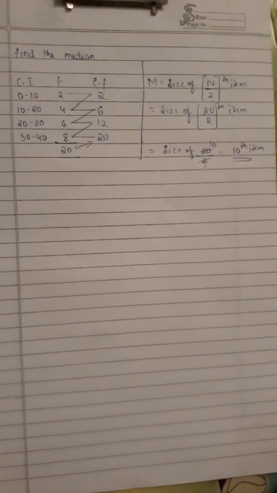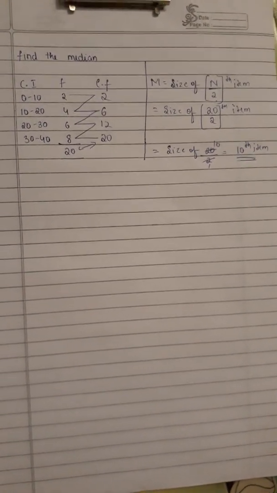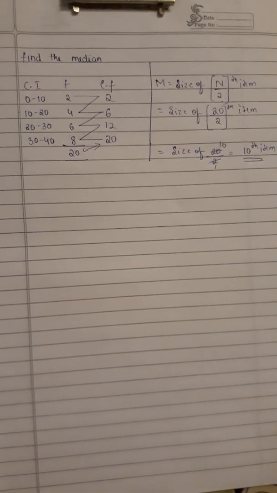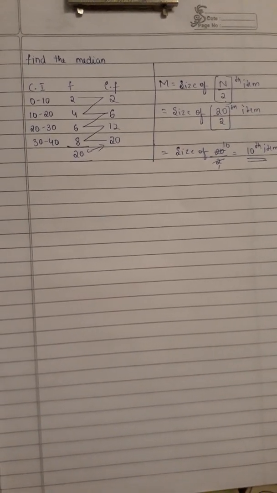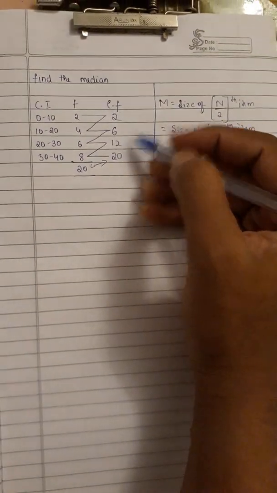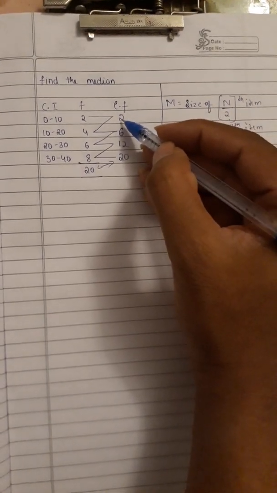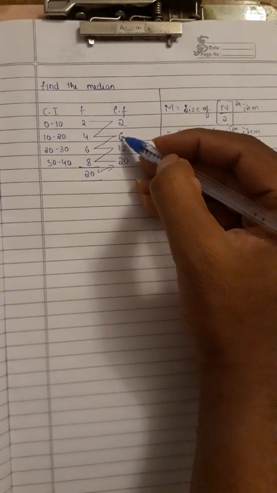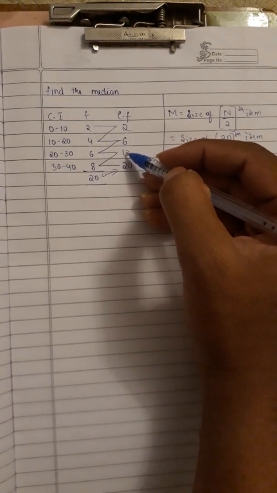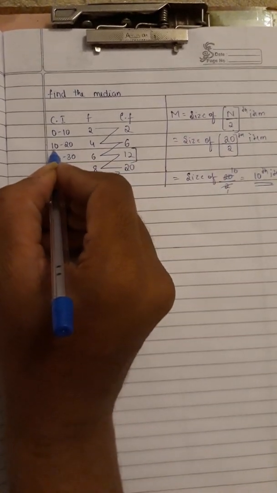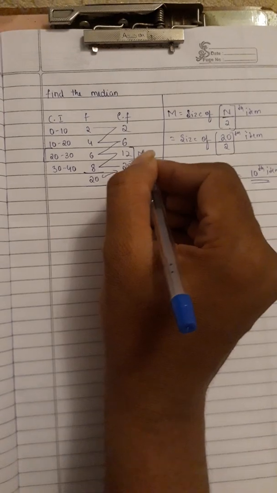Now we have to take the 10th item and identify where it falls in the cumulative frequency, between which two numbers. If we observe, 10 does not come between 2 and 6, but it comes between 6 and 12. So I'll mark this as the median class.